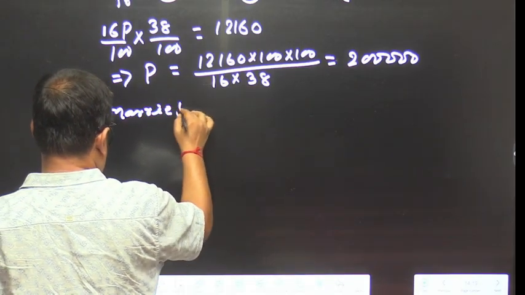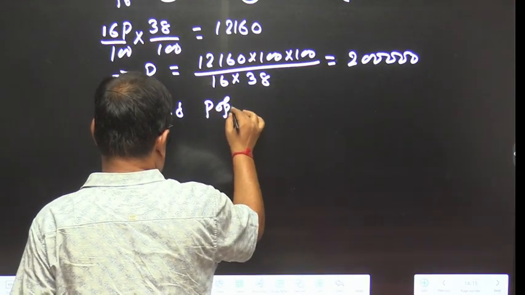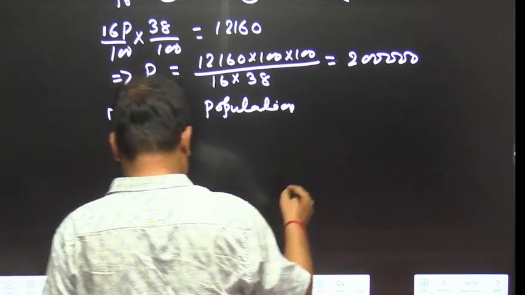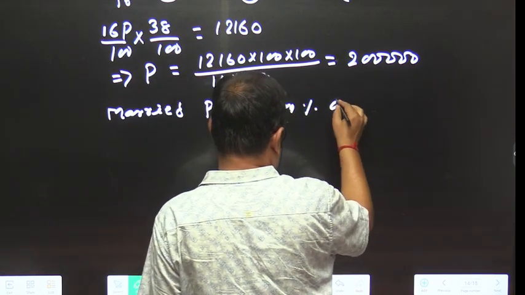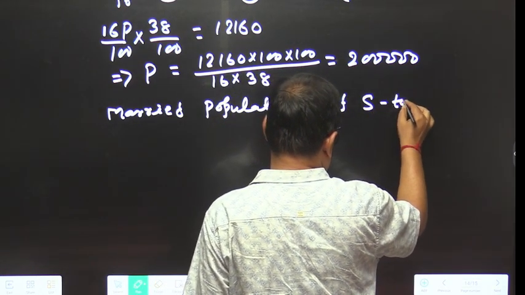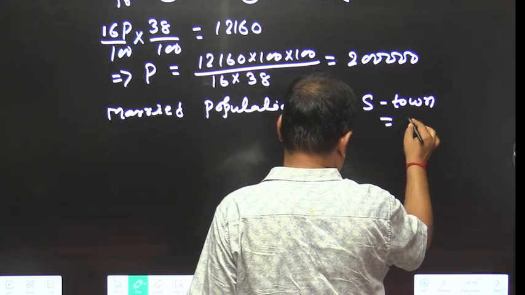Married population percent of town S equals 11.